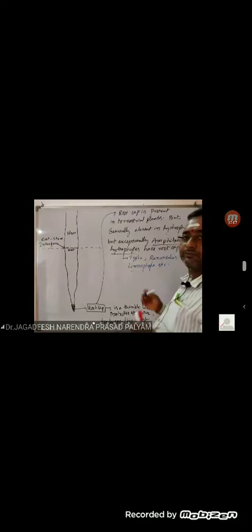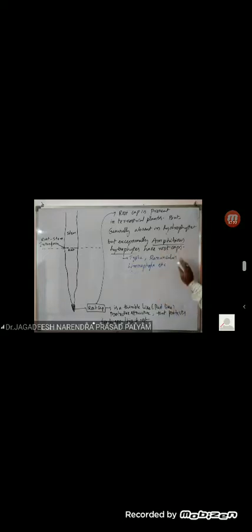These are amphibious hydrophytes. Don't ask for any other example. Pistia and such plants are not amphibious. Only remember these three. You can find them near water bodies.